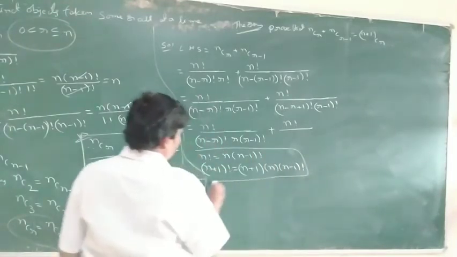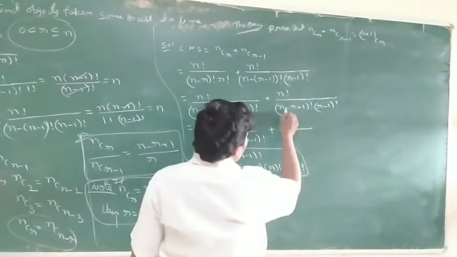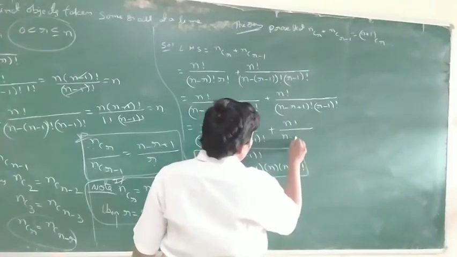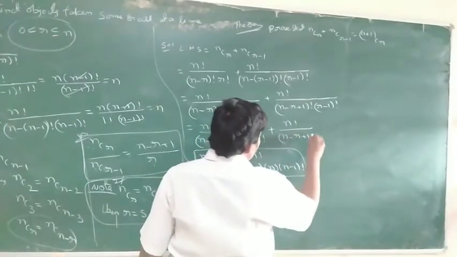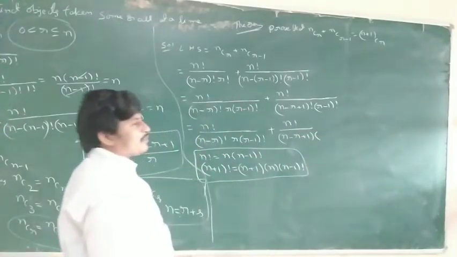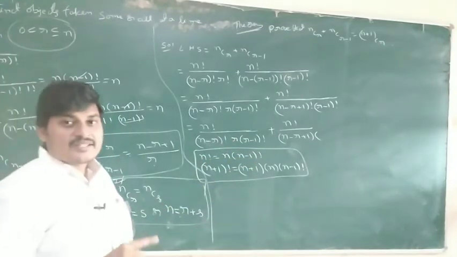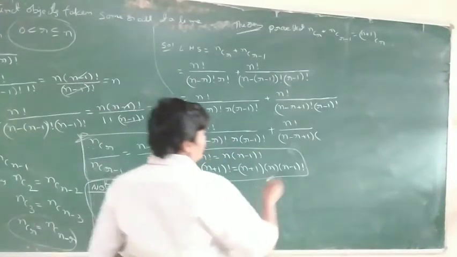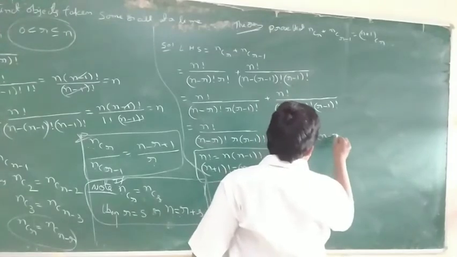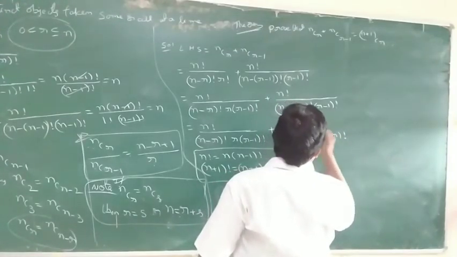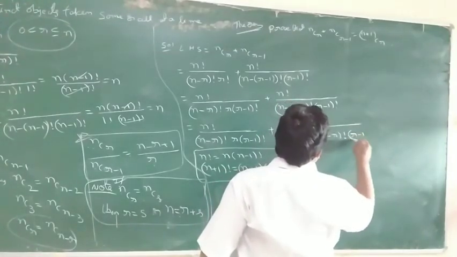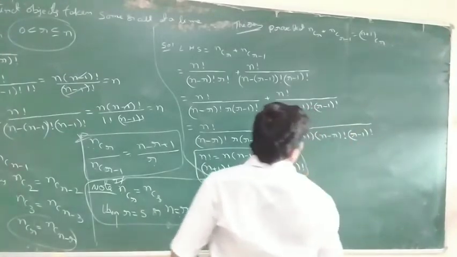This is the factorial notation. So (n minus r plus 1) factorial is equal to (n minus r plus 1) into (n minus r) factorial, into (r minus 1) factorial.